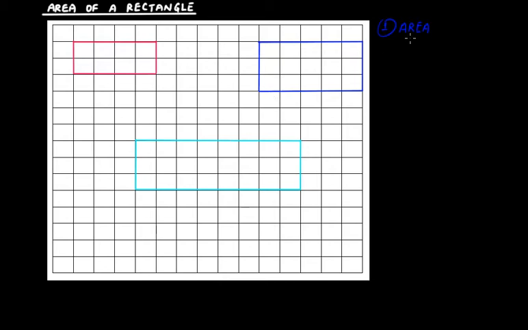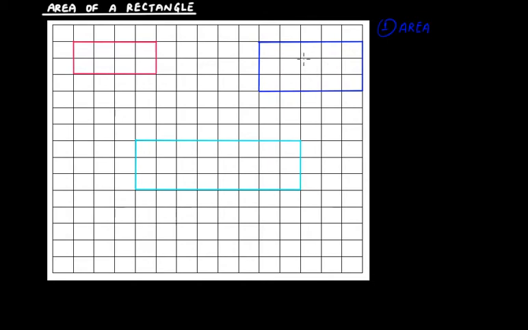For this one, we can clearly see that we have all full squares. I have drawn this rectangle in a way that we don't have any half, less than half, or more than half squares. Even if we did, whatever area you calculate would be equal in that case too.